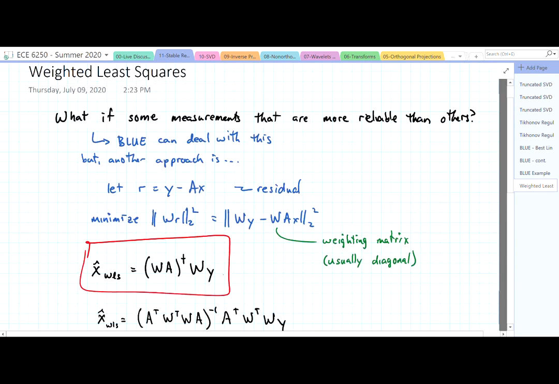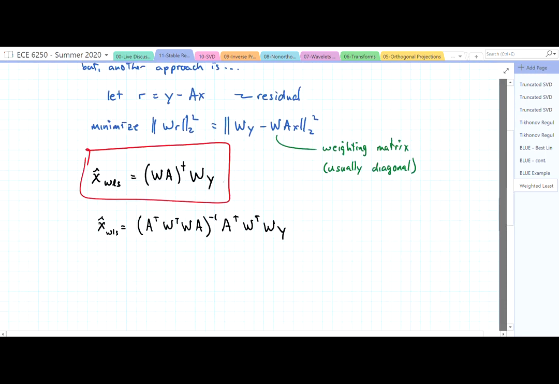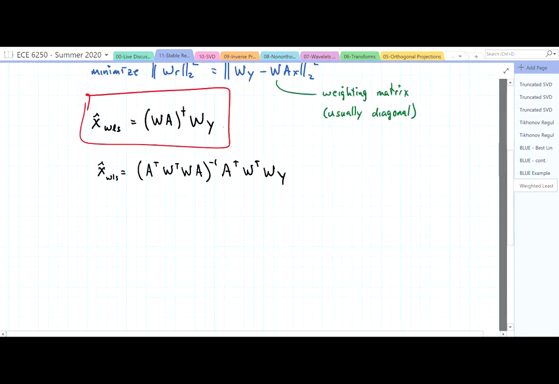So weighted least squares works if for some reason some measurements are more important than others, or perhaps measurements are measuring different quantities that have different units. You want to normalize the response. Weighted least squares is a good basic solution.